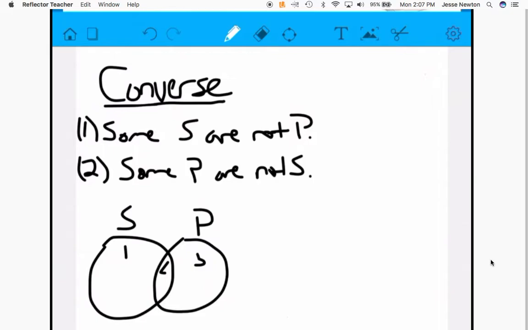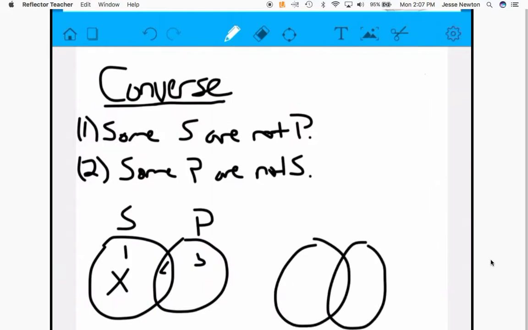Well, you might recall a second ago I said we just put an X right here, and that shows that some S are not in P. Well, how do we do this one? The second one. This one's a little trickier. 1, 2, 3, because you have to think backwards. If you're saying some P are not S, what region is P?